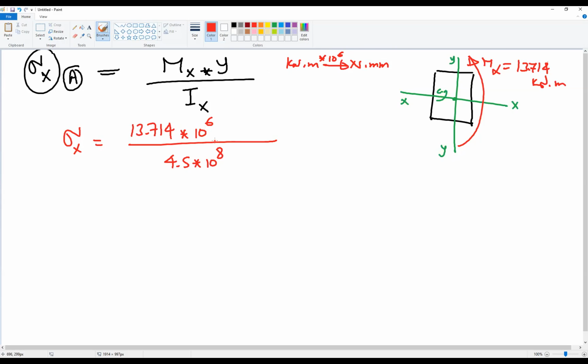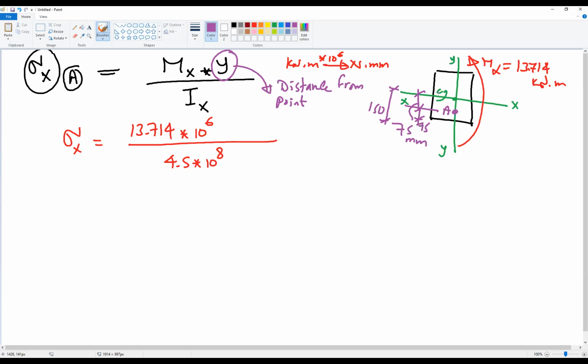What is y? Again, A is here. This is point A. Point A is at a distance of 75 millimeters from the centroid. Isn't point A 75 from the bottom? Yes, because this is 150, so 75 from the bottom and 75 from the centroid.